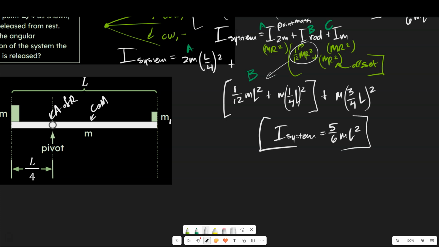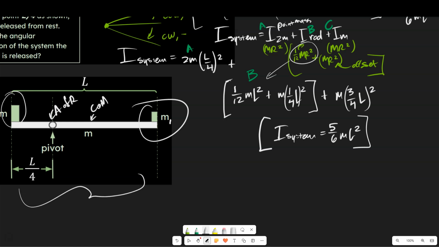Alright, so we have done that using the parallel axis theorem to calculate the moment of inertia, or the rotational inertia, and also using the concept that if you have a combination shape, like we do, a mass on the end of a rod, the rod itself, and another mass over here, something like a smiley face, to get the moment of inertia for a combination shape, you just add up all of the individual moment of inertia values.